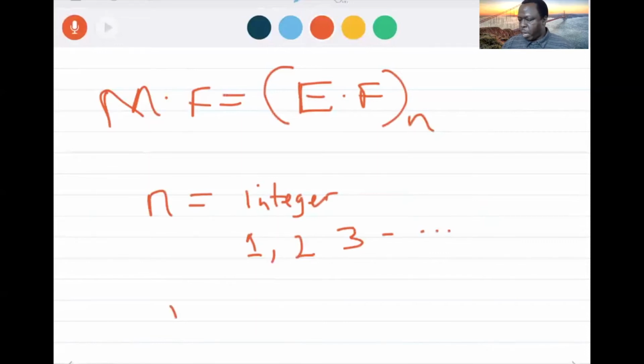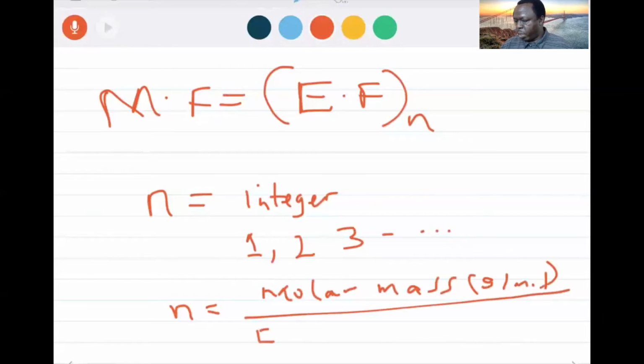This is determined by taking the molar mass of a compound, typically given in grams per mole, divided by the empirical formula mass, the molar mass of the empirical formula, as the denominator.